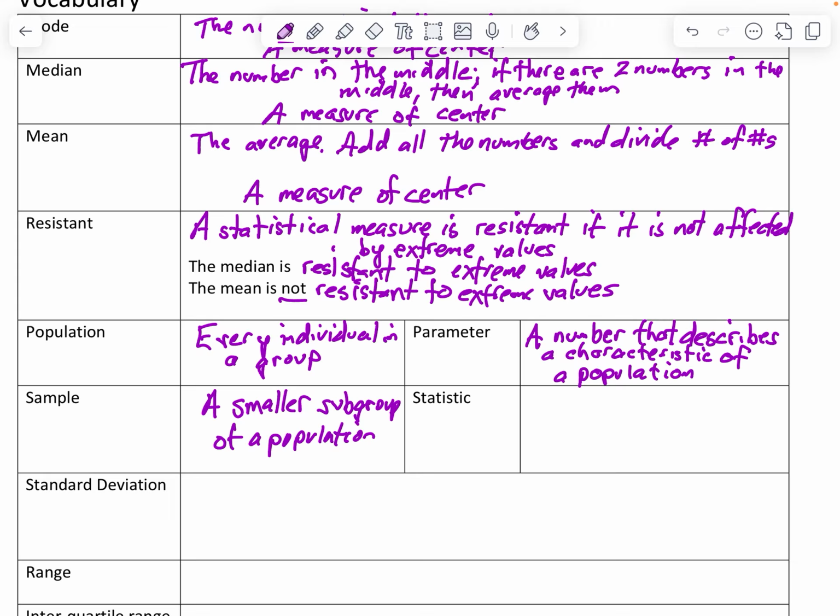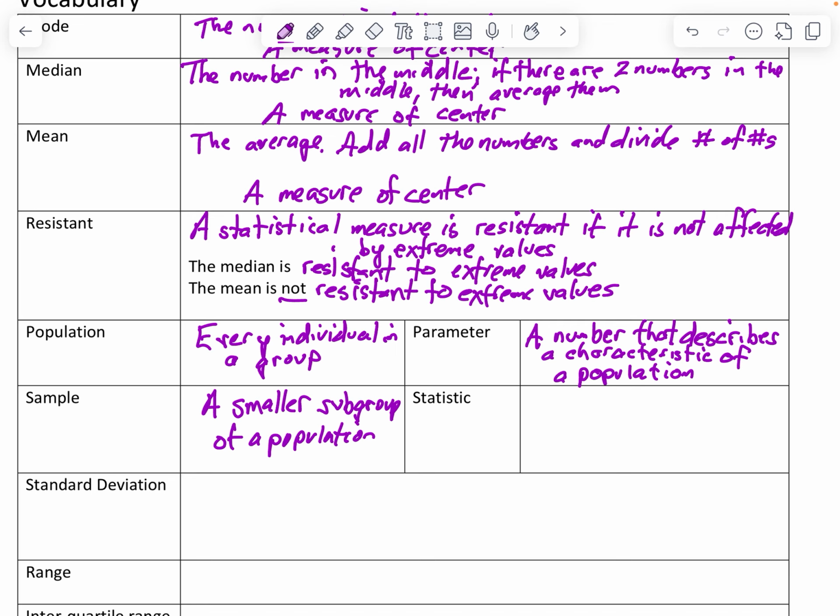Now that population might be a sample in a different context. If I was talking about all schools across the United States and I chose certain schools to be where I use those as a sample, that's a different problem. If I just refer to all the students at a school, that's my population. If I'm finding their average height, that's my parameter. That's a number that describes the height of that population.